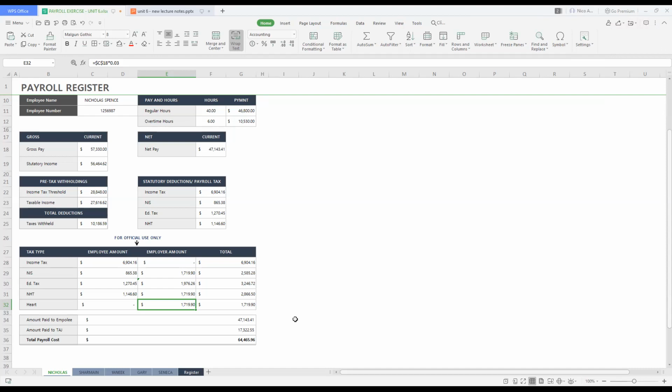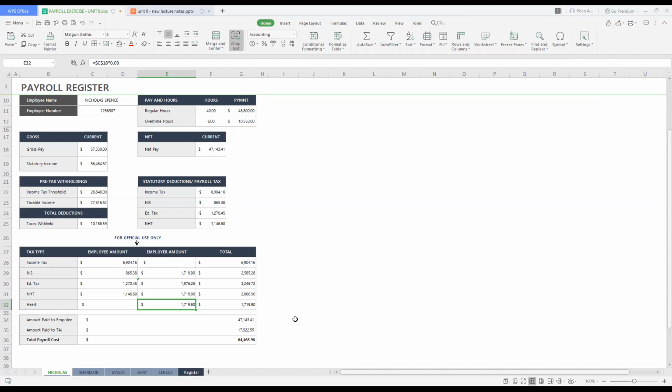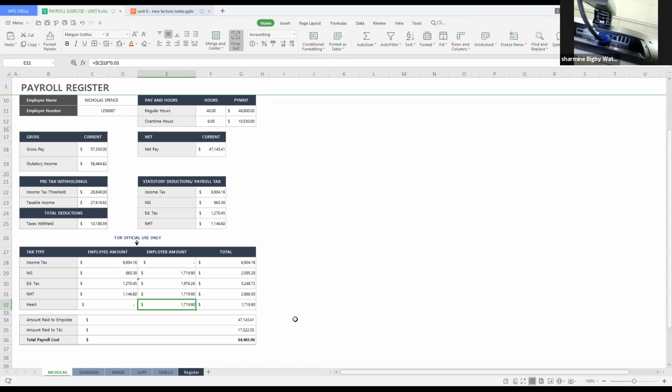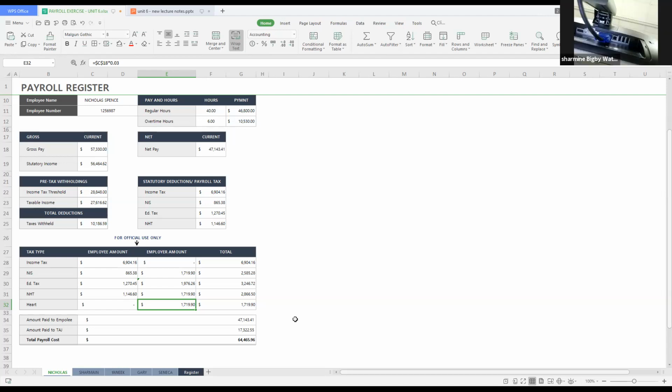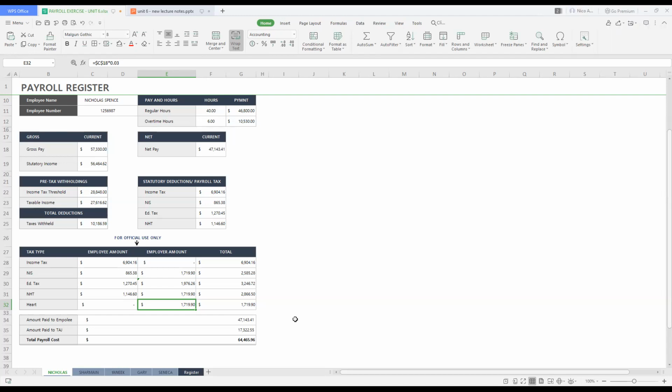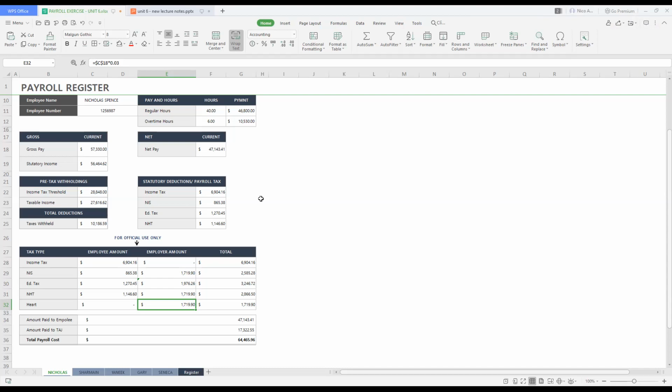And you take away the NIS from it, which is $865.38. So the statutory income was $56,464.62.